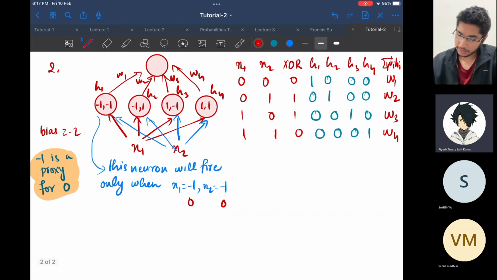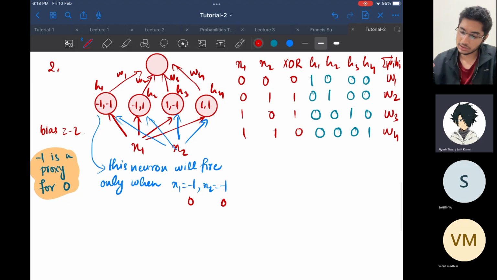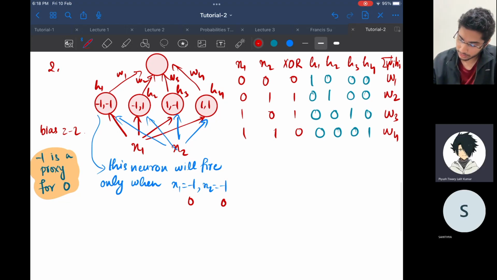Since this is a one layer perceptron sort of thing, the condition for the final neuron to fire is the following.